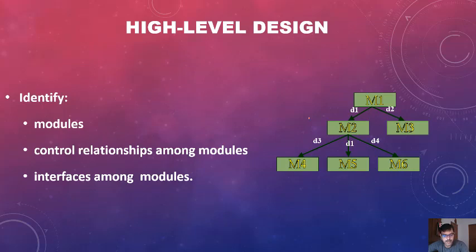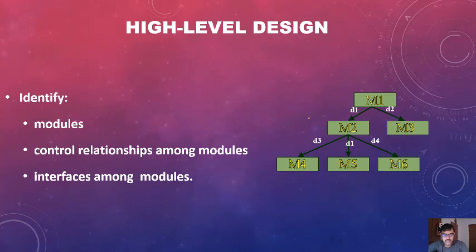First you have to identify all the different modules, then you have to identify the control relationships among the modules. What are the relations between these modules? You have to find out next. And last, you have to design the definitions of interfaces among them.